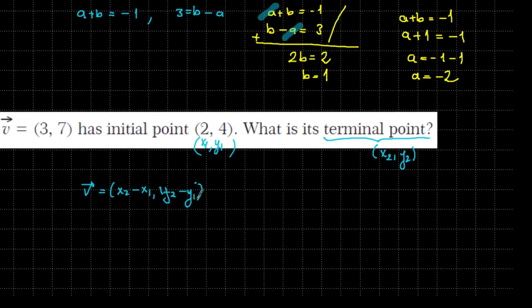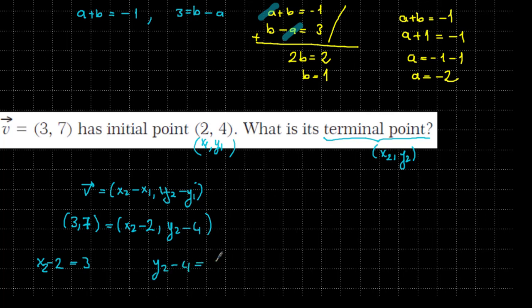Here x2 we don't know, and the vector v is (3, 7). So x2 minus x1, where x1 is 2, is equal to 3, and y2 minus y1, where y1 is 4, is equal to 7. So x2 minus 2 is equal to 3, and y2 minus 4 is equal to 7.